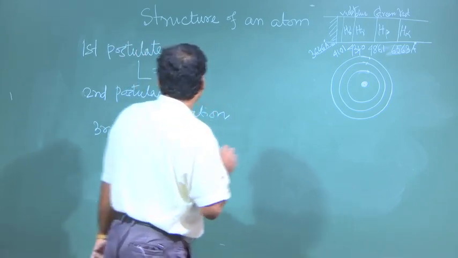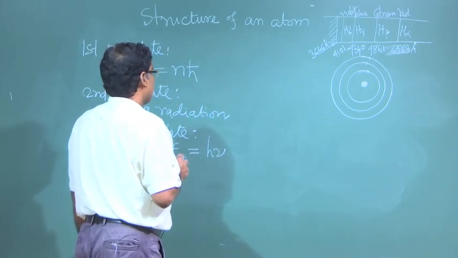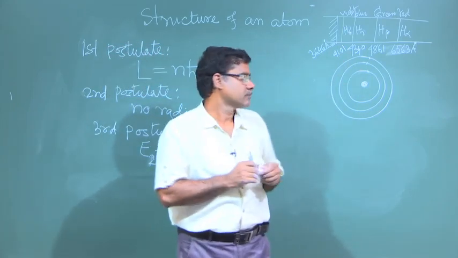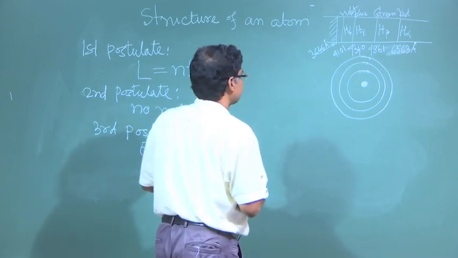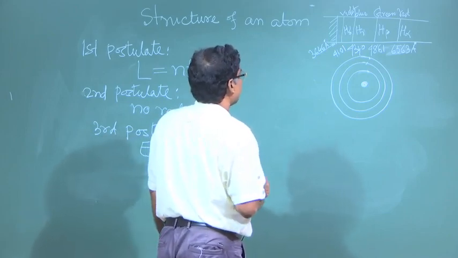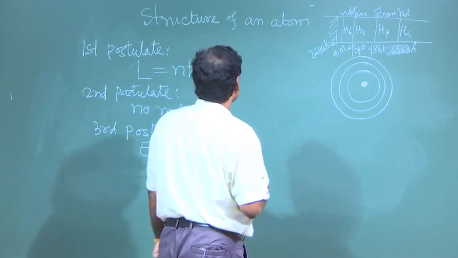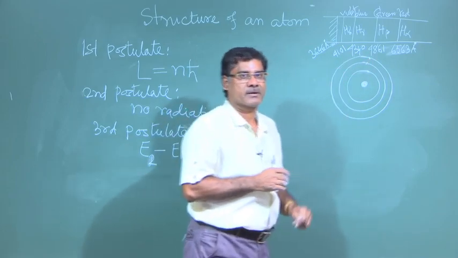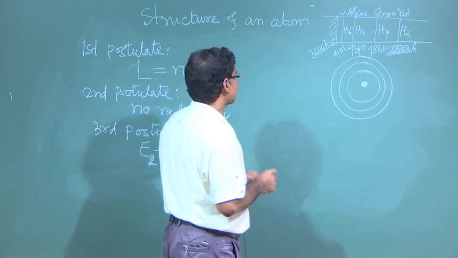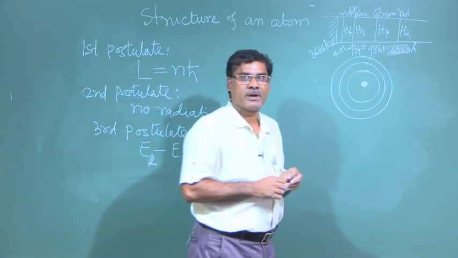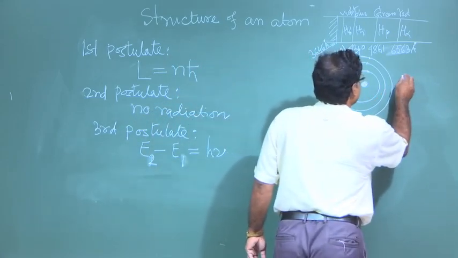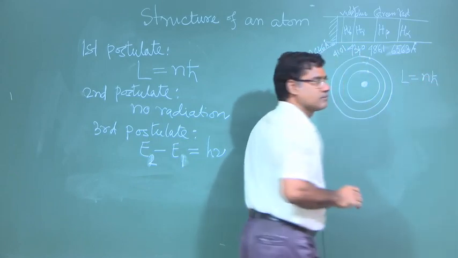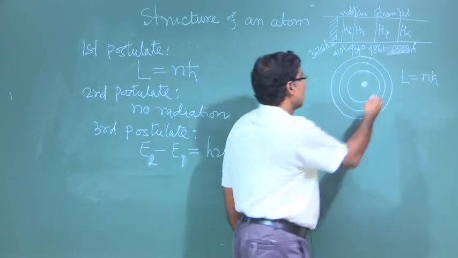Okay. And then the second postulate is telling there will not be any radiation when they are rotating in this stationary orbit. Okay. So, from the first postulate we get L equal to n h cross, angular momentum.